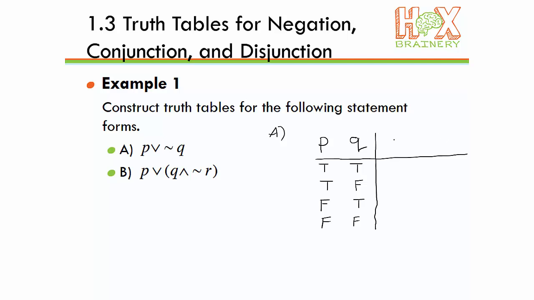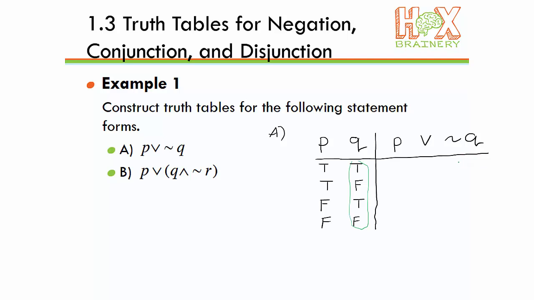Okay, so then I have P and not Q. All right, so our order of operations tells us to take care of things in parentheses first. I don't have that. And then take care of negations. So negations come before the disjunction that we have. So what I'm going to do is negate Q. So I'm looking at these values here, and I'm going to negate those.